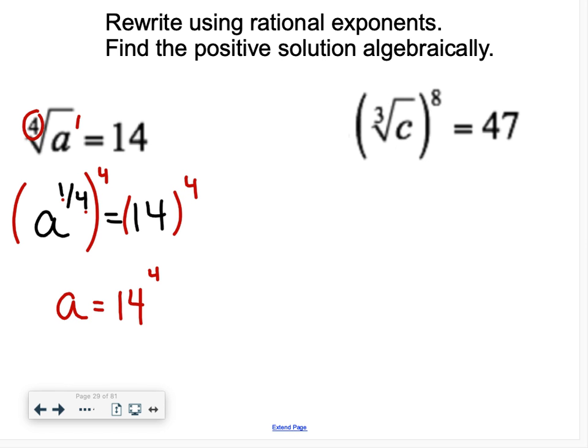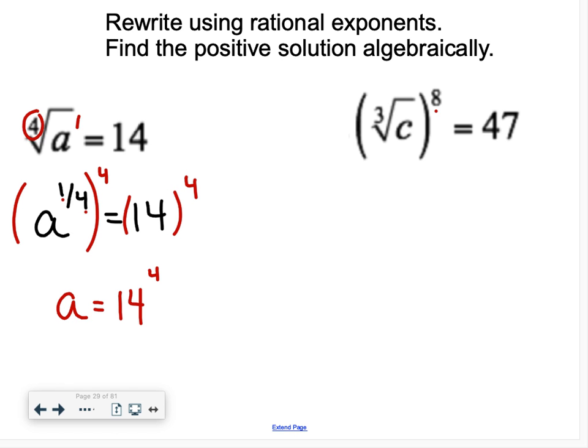Okay, now with the second example, cube root of c to the 8th, you could break this up into 2 steps, right? So I'll show you both ways. So I could, to get rid of the 8th power first, actually no, I'm gonna rewrite this.